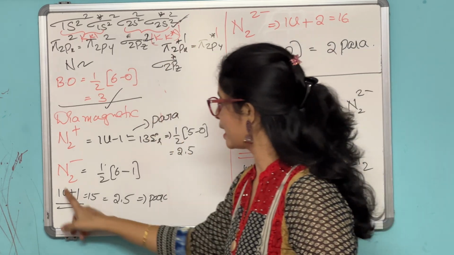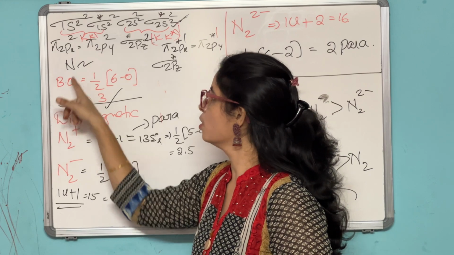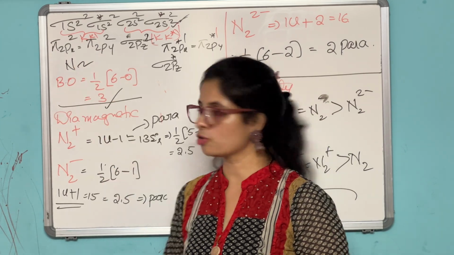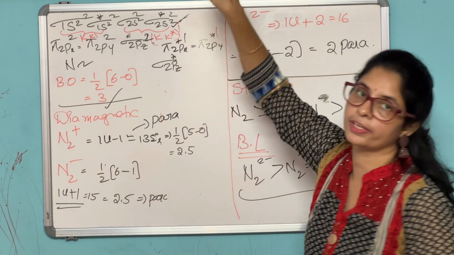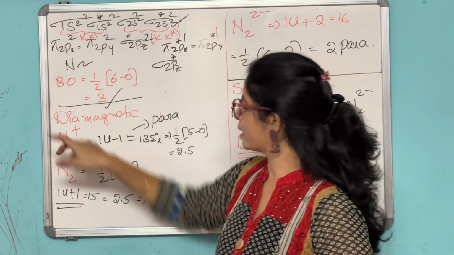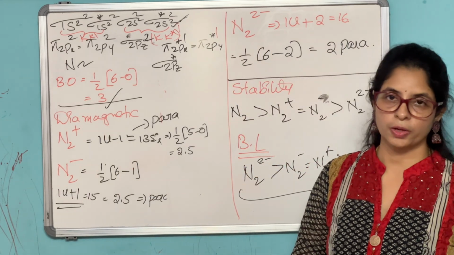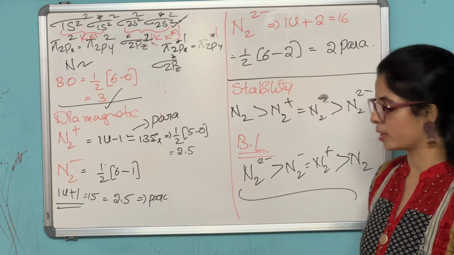The parent atom of N2 minus is nitrogen, no? Nitrogen has a total of 14 electrons. So whether it is N2 minus or N2 2 minus, you should follow this configuration because it is obtained from the parent nitrogen. Okay. So this is the stability order and the bond length.